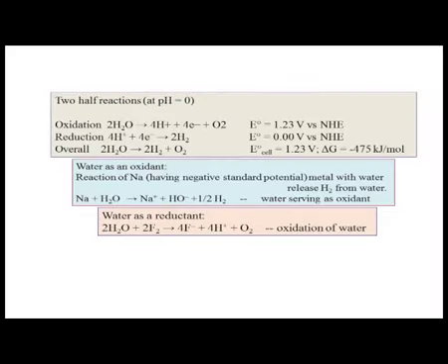So, the textbook example for water as a reductant is therefore 2H2O plus 2F2 gives 4F minus, 4H plus and O2. So, this is a typical example of oxidation of the water molecule, where fluorine is the oxidizing agent.